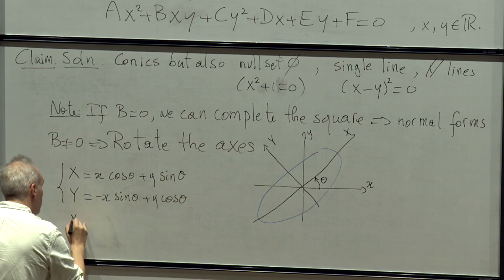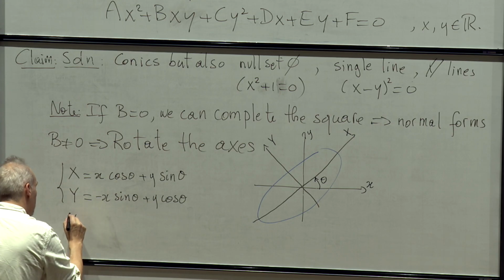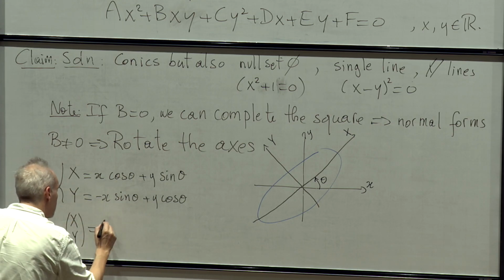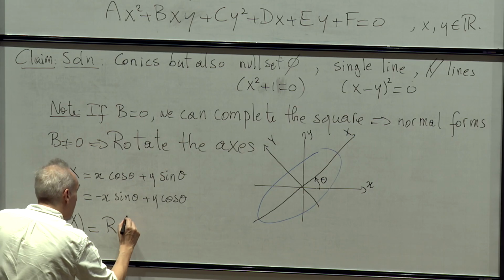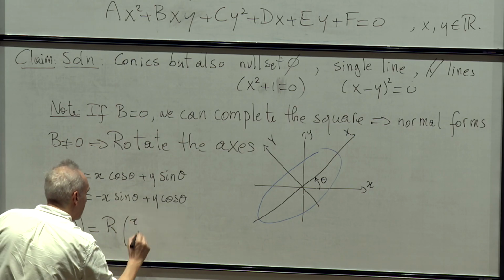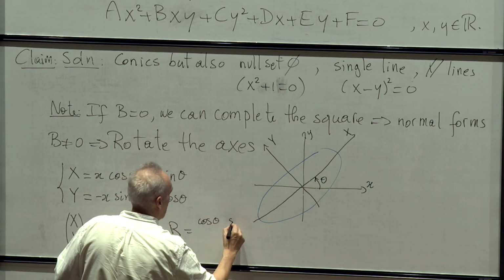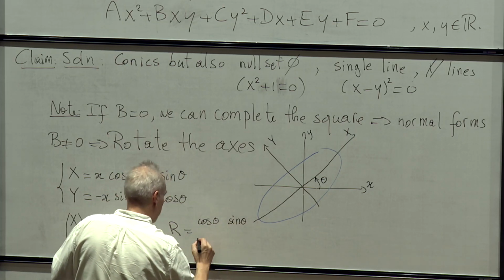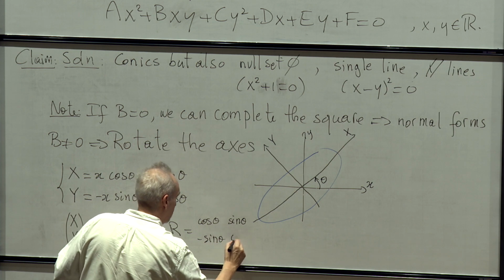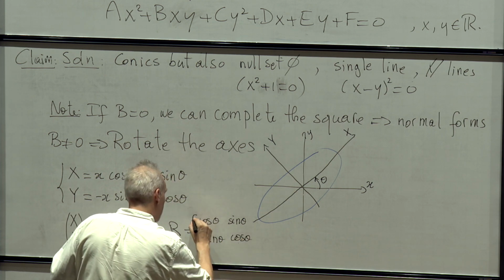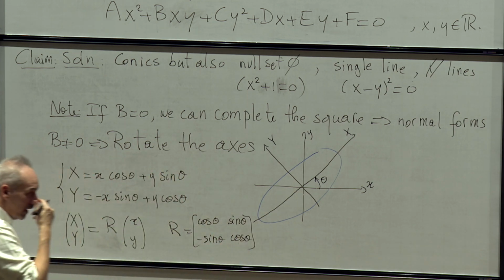You can also think of it, and this is what we're going to do starting next week, as a matrix R applied to (x, y), where the matrix R is (cos theta, sin theta; minus sin theta, cos theta). And this is an example of an orthogonal matrix.